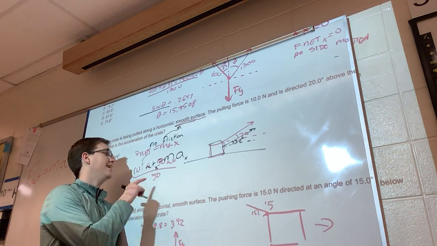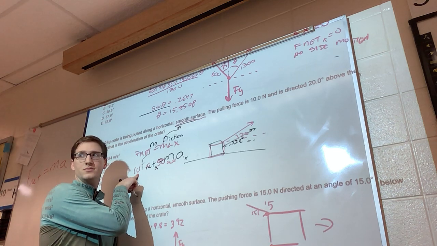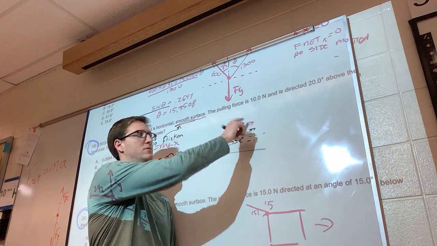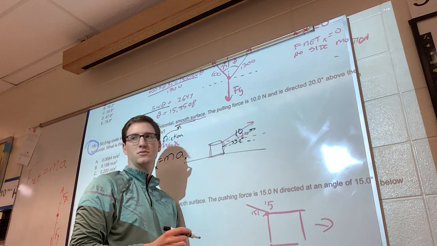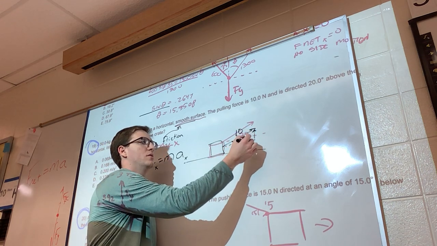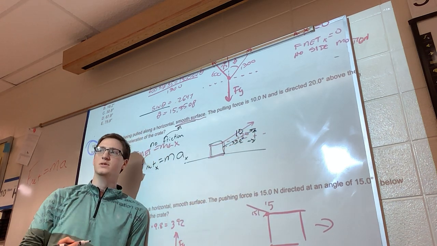Now it is not a straight 10 though, because this 10 is happening at an angle. Some of that 10 is directed vertically, and some of that 10 is directed horizontally.